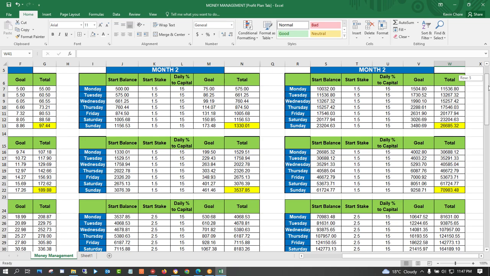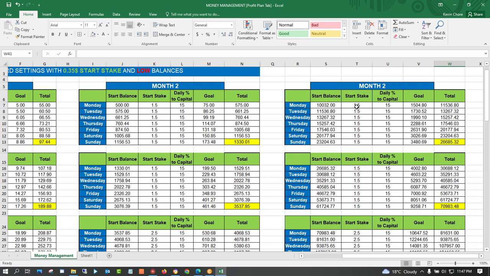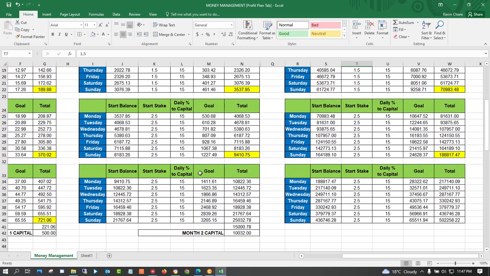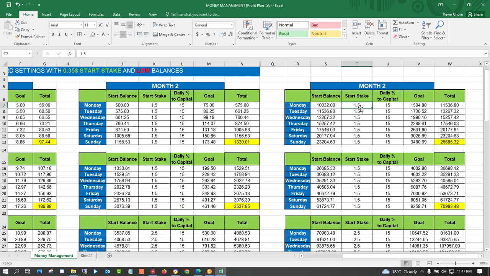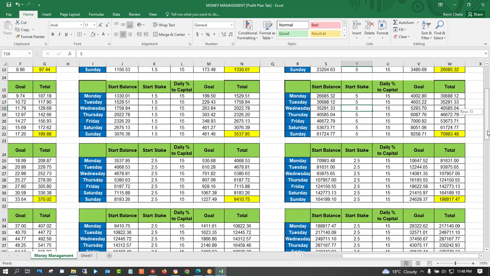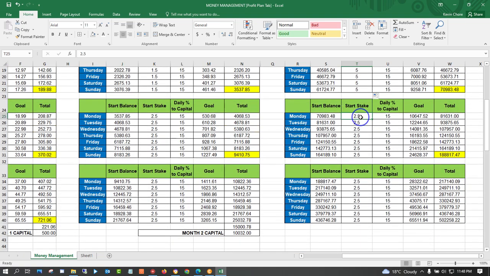You see, you can even raise a stake here. Instead of 1.5 like this, we went to 2.5. Maybe here we can raise it to $5. Okay, you can raise this to $5, and when it reaches this point, you can now raise this to $10, so you can reach this goal faster.